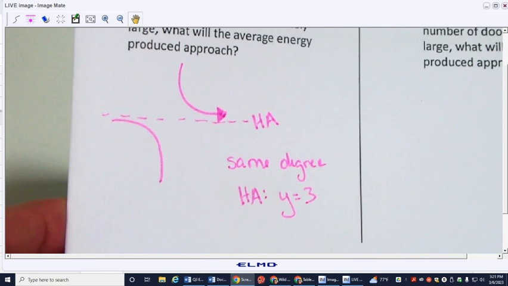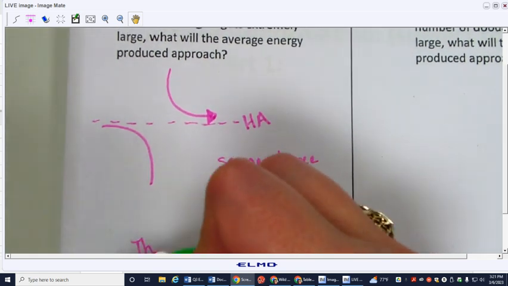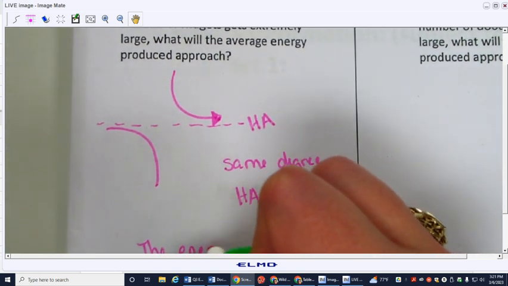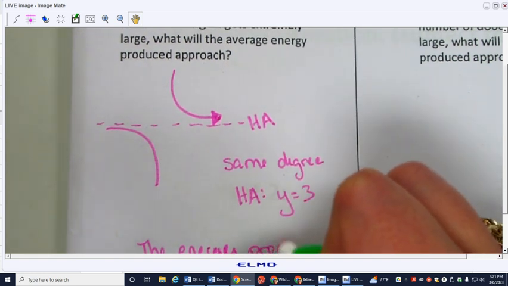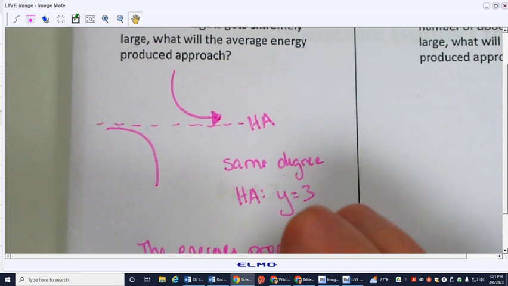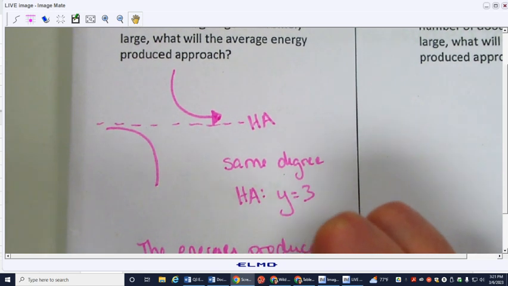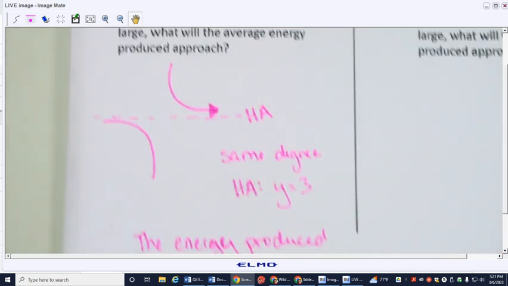So that means as my number of widgets gets extremely large, my energy produced is going to be 3 units. The energy produced will approach 3, whatever my units of energy are, ohms or something.